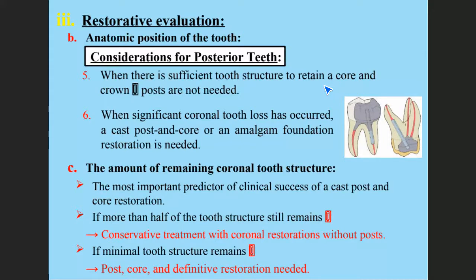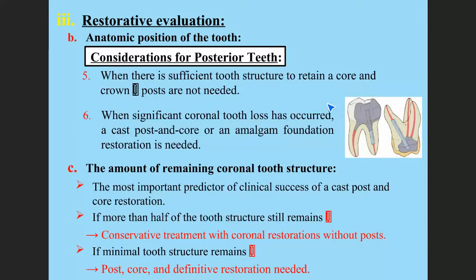The main purpose of using the post is to retain the core. If I have enough tooth structure, there is no need to place a post. But when a significant amount of coronal tooth structure is destroyed, in this case a post and core or amalgam foundation is needed.